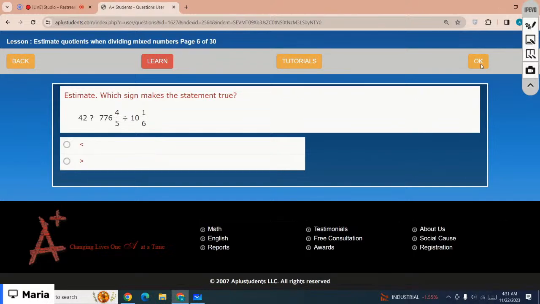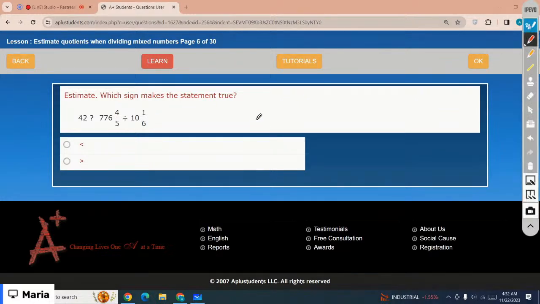Okay, 42, you have to compare it to 776 whole 4 by 5 divided by 10. So 10 whole 1 by 6 is rounded off to 11, or you can round it off to 10. If it is rounded off to 10, then 776 must be rounded off to 770, right? Because 770 is completely divided by 10, so it would be 42 and 77.